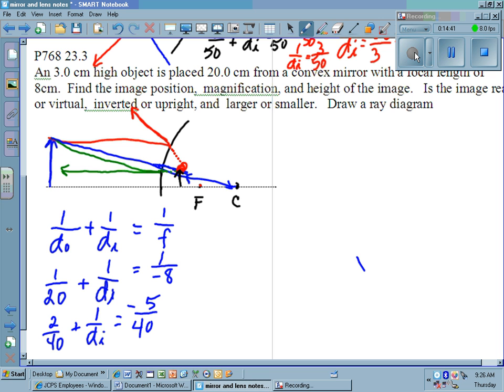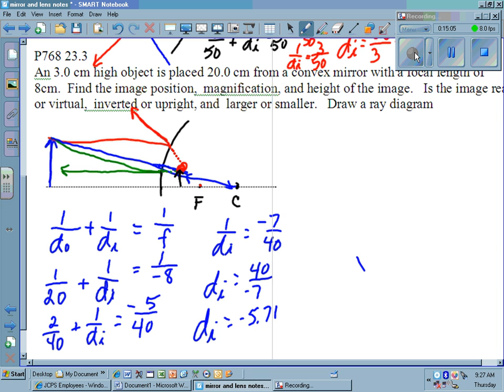Subtract 2 from both sides, so now 1 over di is going to equal negative 7/40, I hope. Yep. Negative 7/40. You then have to flip it, so di equals 40 over negative 7. So your image distance is a negative 5.71.